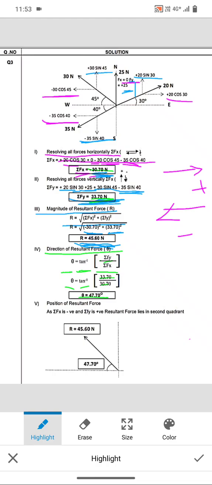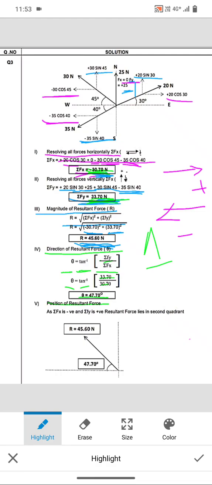The last step is the position of the resultant force. It depends on the signs of summation Fx and summation Fy. If summation Fx is positive and summation Fy is also positive, then its position is in the first quadrant. If summation Fx is negative and summation Fy is positive, it is in the second quadrant.